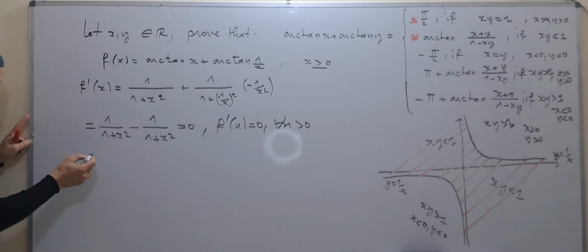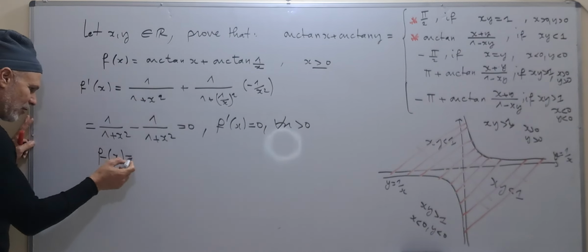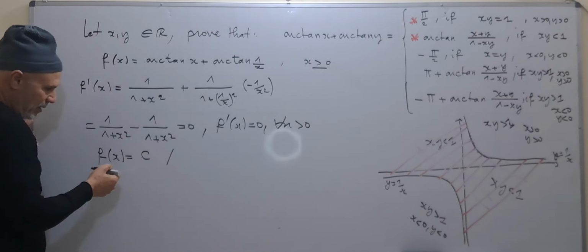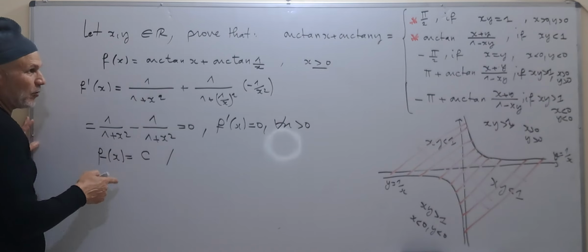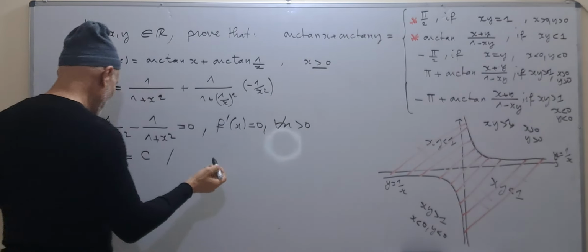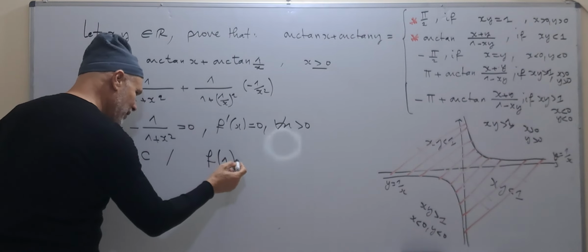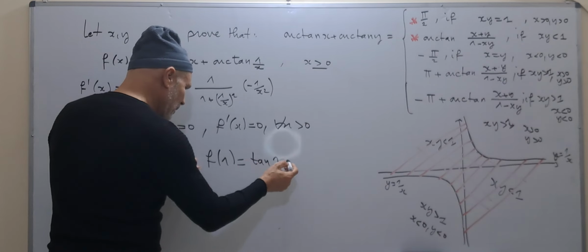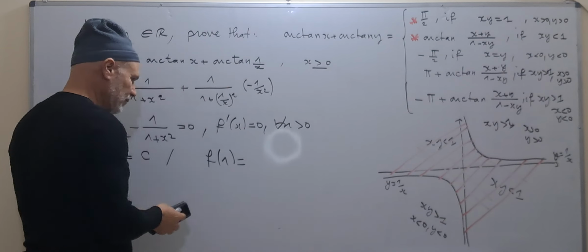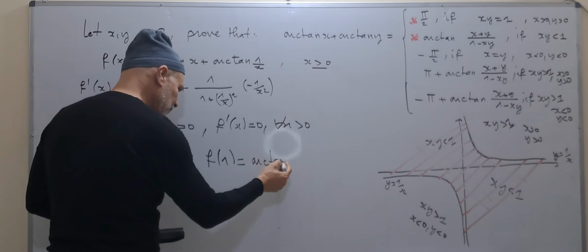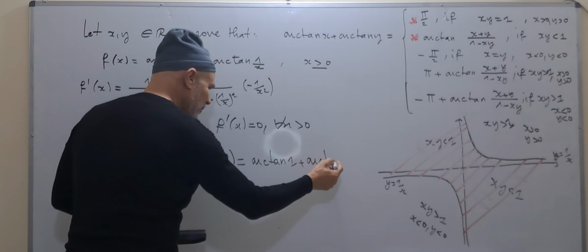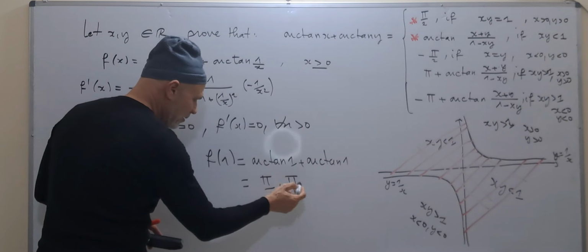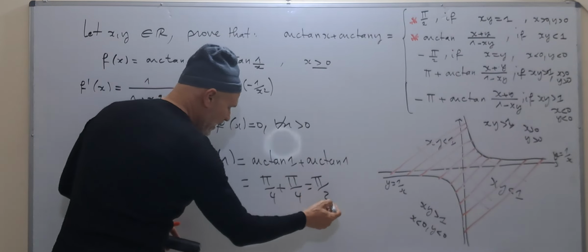This means that f is constant, f of x is equal to a constant. How can we determine the constant? It's sufficient to replace x equal to 1. 1 fits with this condition. So we have f of 1, which is equal to arctangent 1 plus arctangent 1, pi over 4 plus pi over 4, which is equal to pi over 2.